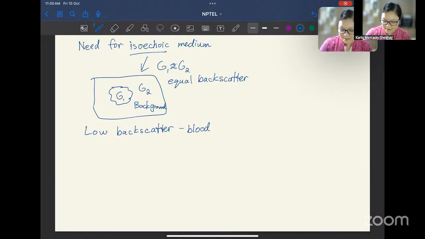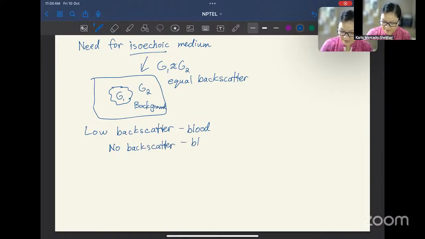Urine is almost the same, not much scatters in urine, just water and some other nutrients. So if you image the bladder, for instance, there will be no backscatter in that part.